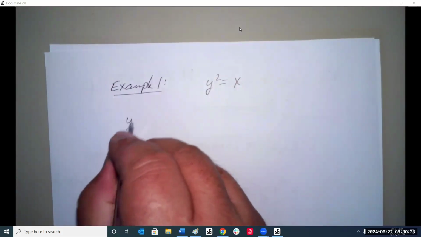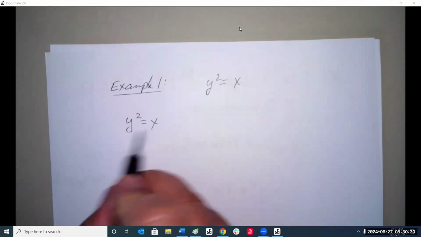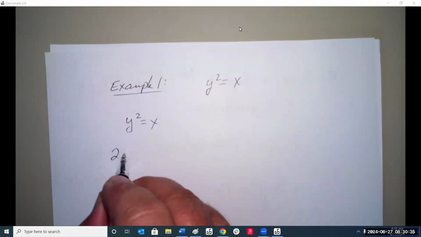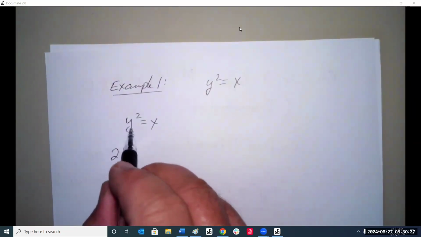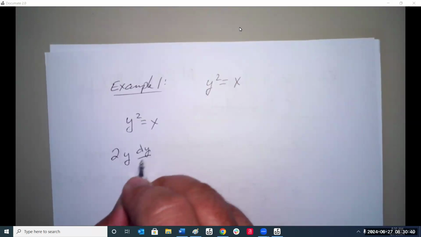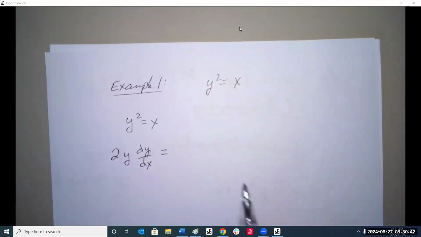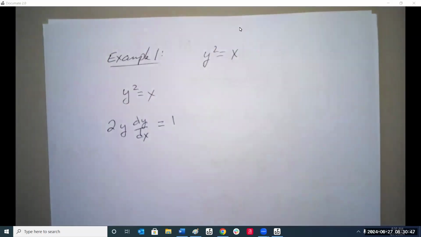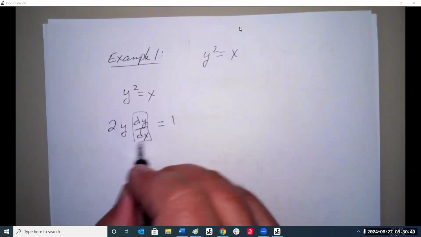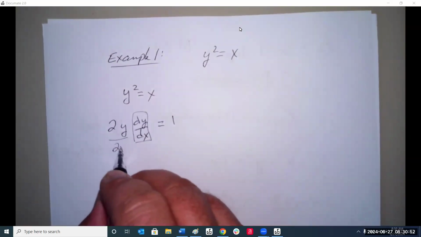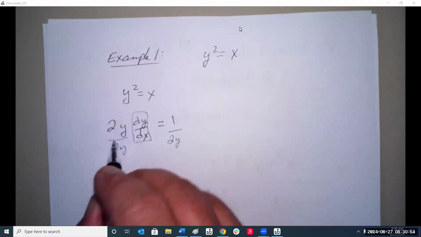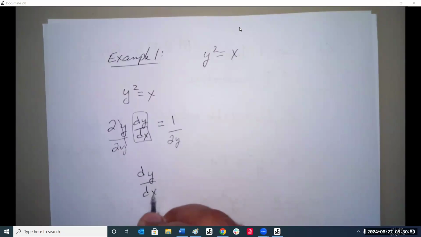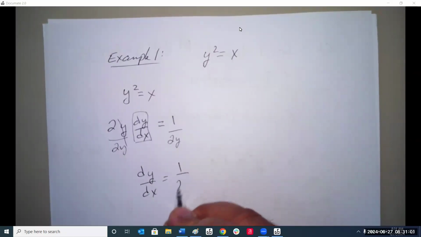So we had y squared equals x. Take the derivative of both sides. The derivative of y squared is 2y, and because we took a derivative of y, we have to put dy/dx. The derivative of x is 1. We're solving for dy/dx, so divide both sides by 2y. dy/dx is equal to 1 over 2y.